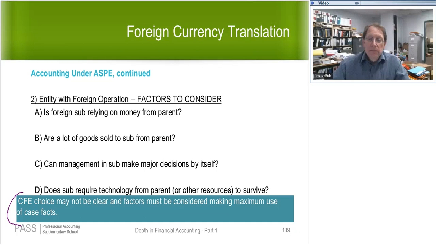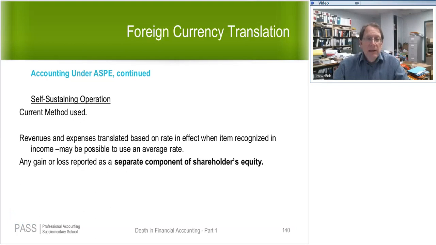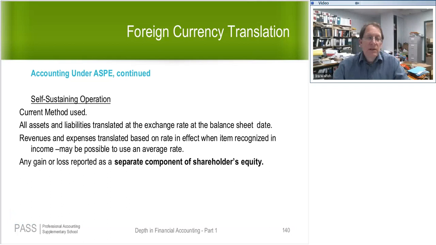Now, how do I account for it? Well, if it's self-sustaining, you'd use a different method, the current rate method, not the temporal method we used before. How do I do the current rate method? All assets and liabilities are translated at the exchange rate at the balance sheet date. At the year end, translate everything.